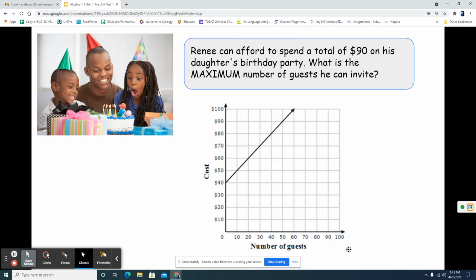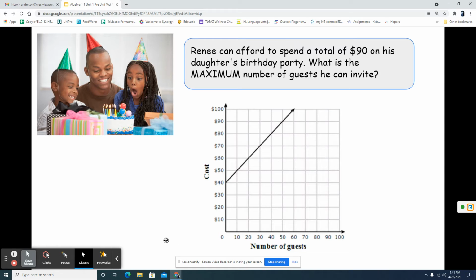Along the bottom, you have the number of guests from 0 to 100 and the cost from 0 to 100. Making it easy, each box is worth 10 going both along the x-axis and along the y-axis. We want to know how much he can afford to spend if he only has $90. Well, if no one shows up to the birthday party, he's spending $40.